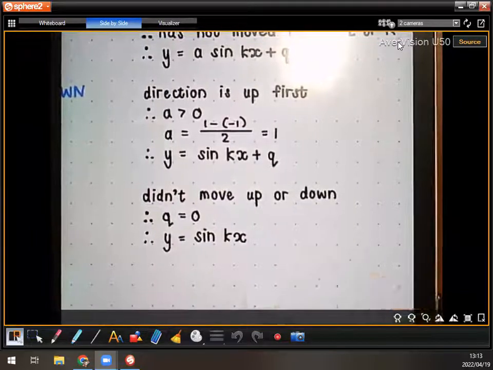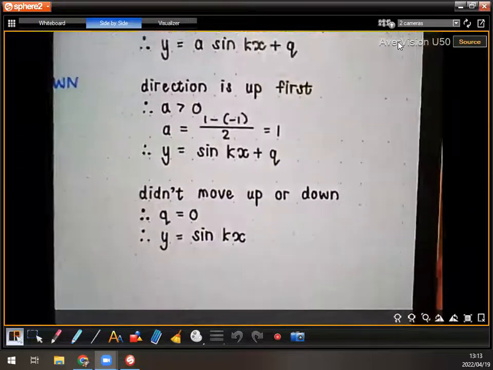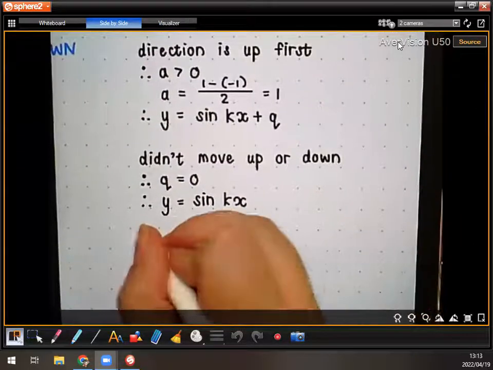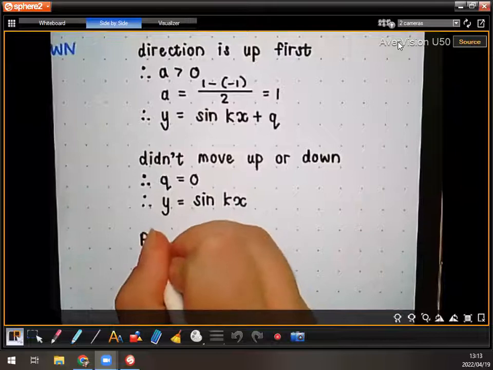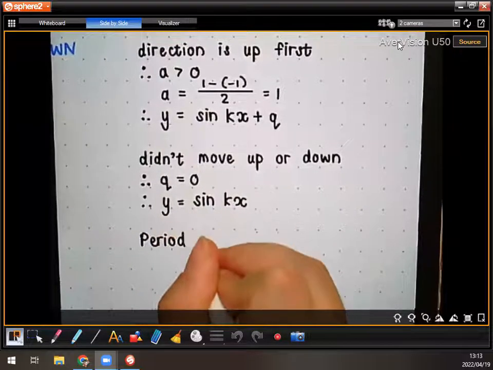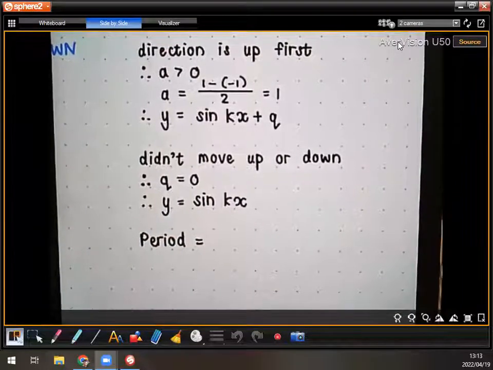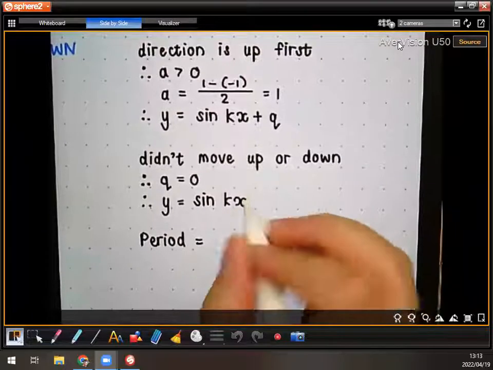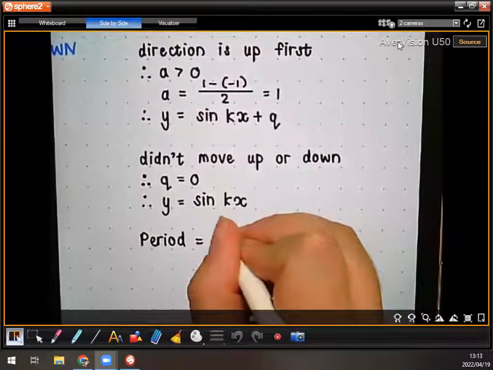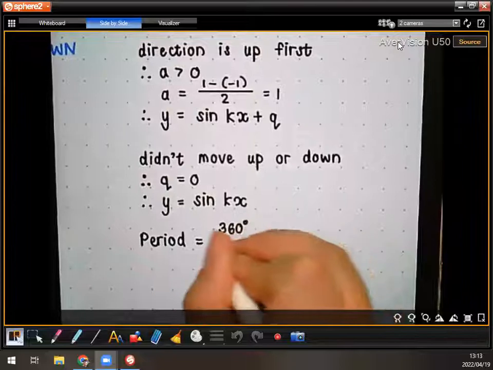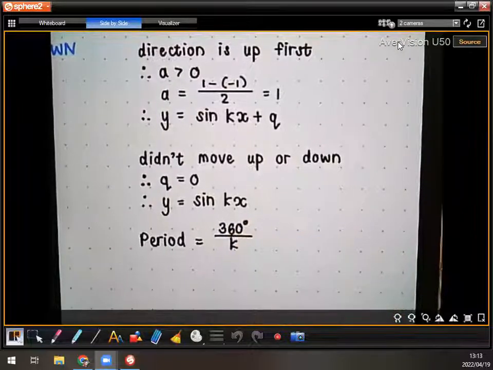Now guys, what we need to remember is that we actually have this formula, which I'm not sure if we have written it down specifically, but we know that the period, if we're talking about a sine graph, is 360 divided by k. Right? That's how we normally get the period, right? You guys agree?